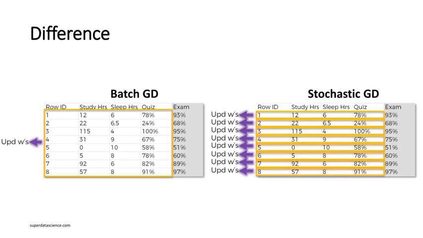If you compare both of these, on the left you can see the batch gradient descent and the stochastic gradient descent. The batch is applied after 8 rows, and the stochastic adjusts the weights on each row, which is a better approach for nonlinear cost functions.